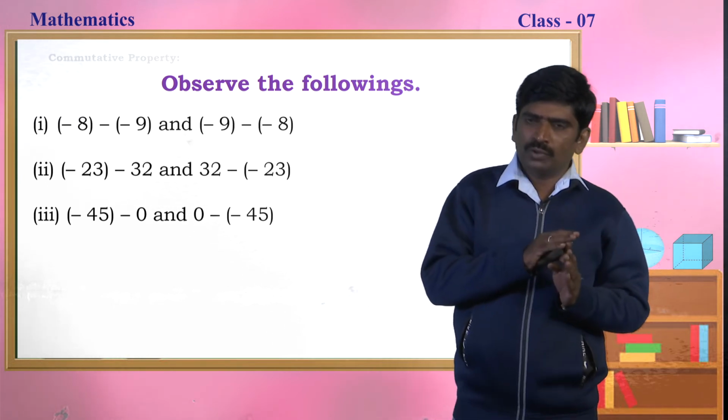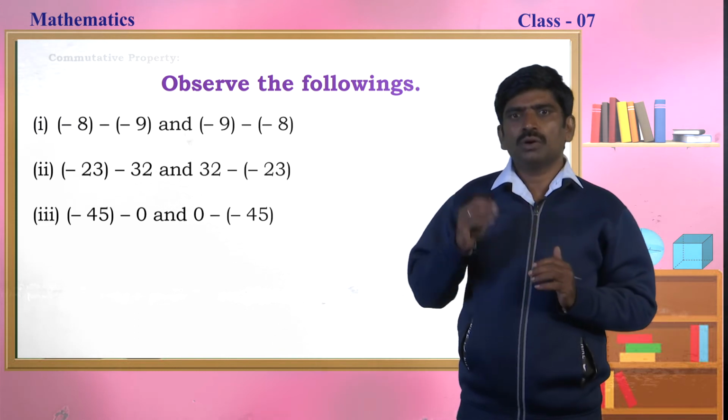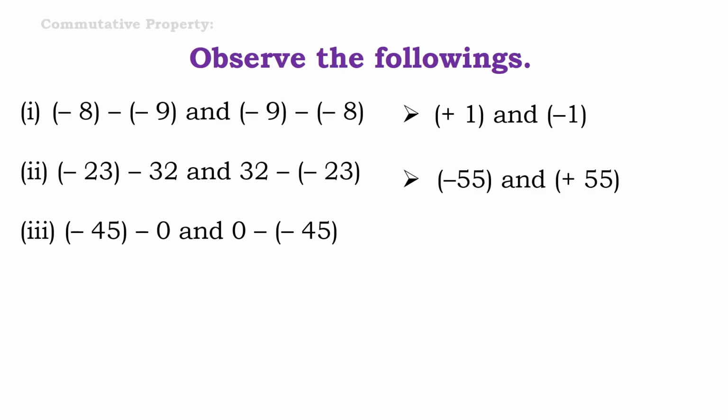Minus 45 minus 0, and 0 minus of minus 45. Here first one, are both equal? No, here is plus 1, another side is minus 1. Next, one side minus 55 is the answer, another side plus 55 is the answer. Third, one side minus 45 is the answer, another side plus 45 is the answer.